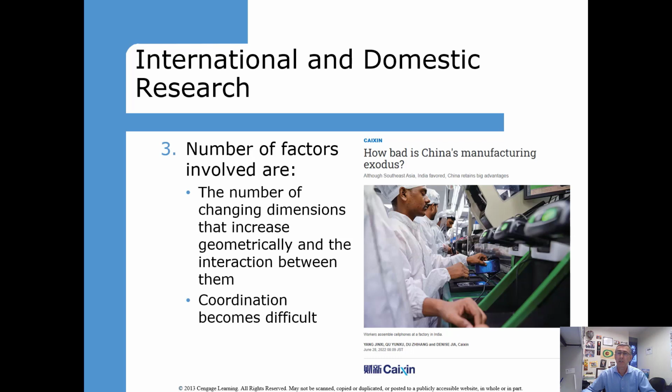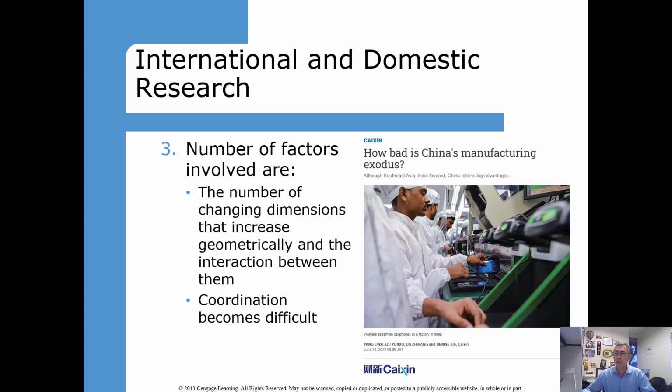In this particular case, we're seeing that because of ensuing trade wars between China and the U.S., one of the ways that China has been able to hedge its bet is by relocating some of the manufacturing outside of China.